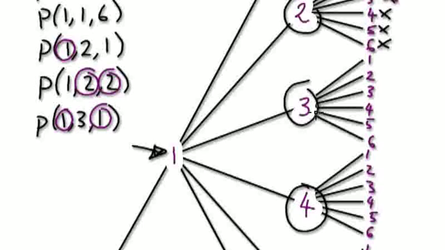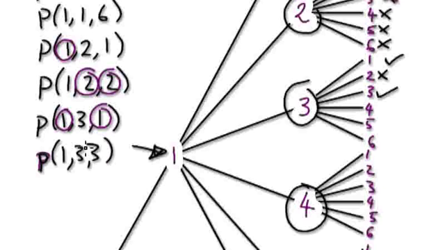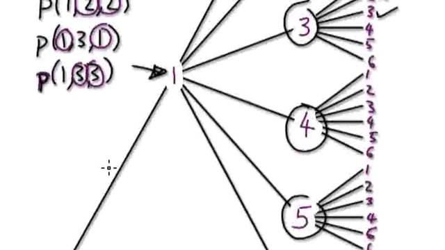A 1, 3, 2 would be a bad outcome. 1, 3, 3 is a good outcome. You follow it through, so 1, 3, 4 would be a bad outcome, bad outcome, bad outcome.